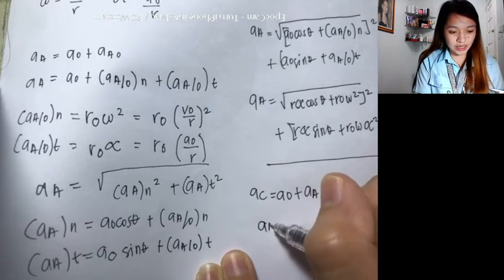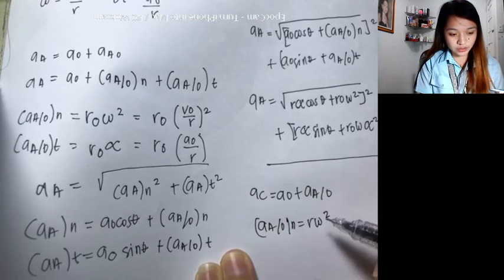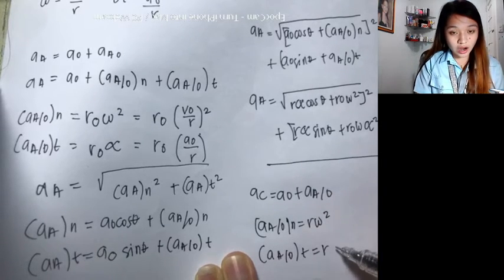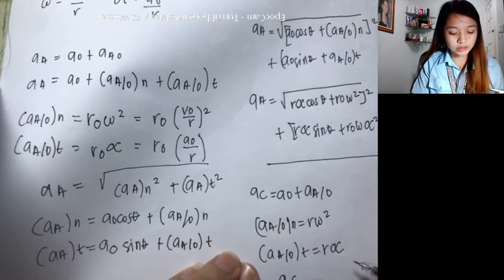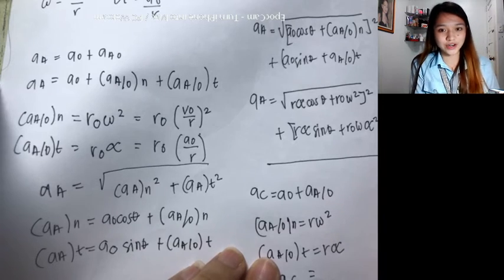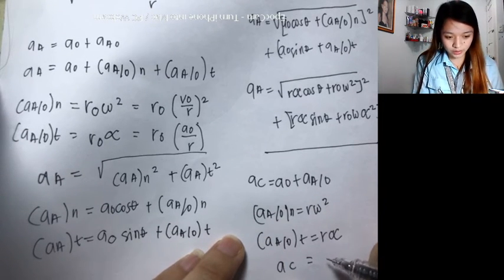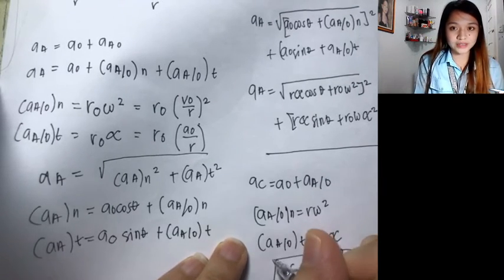A to O normal is equal to R angular squared and A to O tangential is R alpha. So AC, plus this one, normal and tangential. Since we don't have values, we can answer in variables. R angular squared. So this is our final answer.